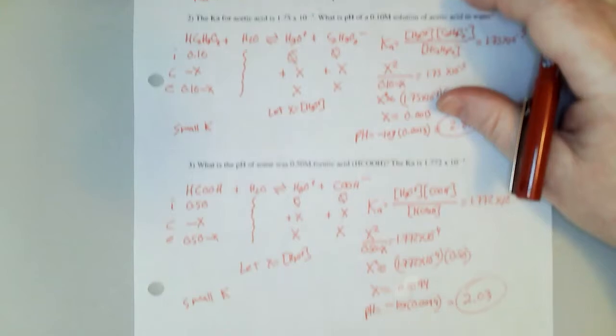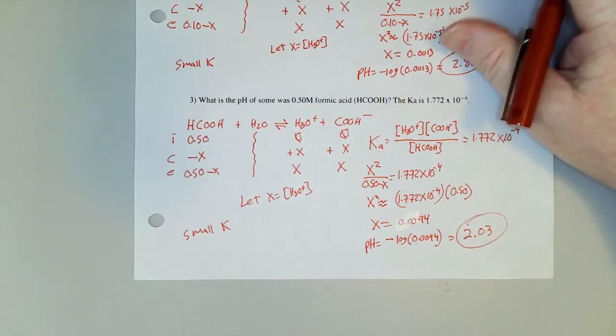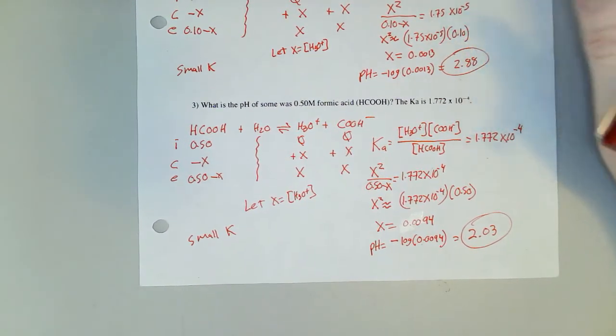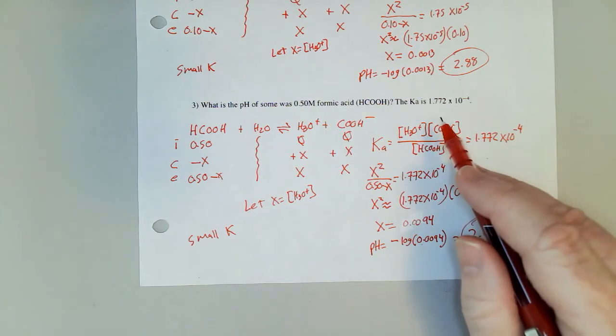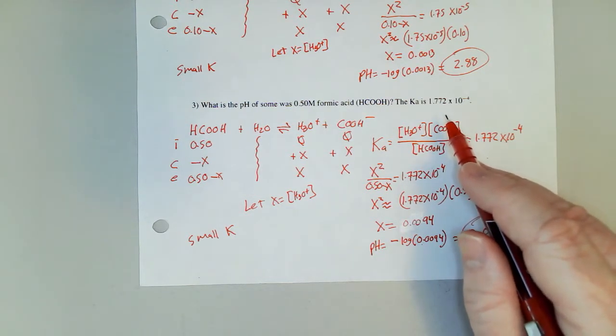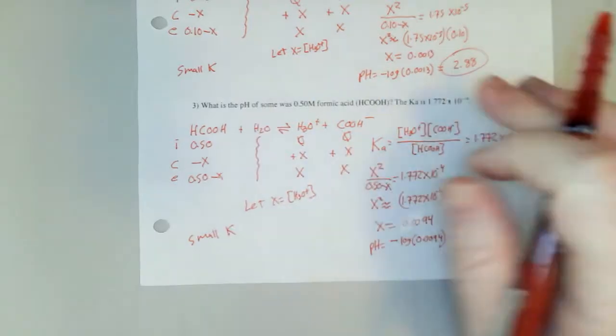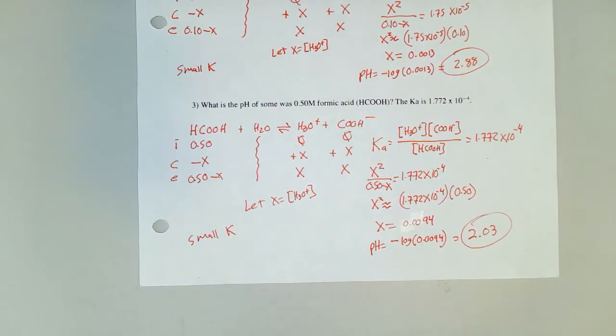Now for number 3, this is borderline needing a quadratic, but when they did put HF on the AP exam, which has a similar Ka to this one, it's a different acid than this, but a very similar Ka, they said approximations were fine, so I'm not worried about that.